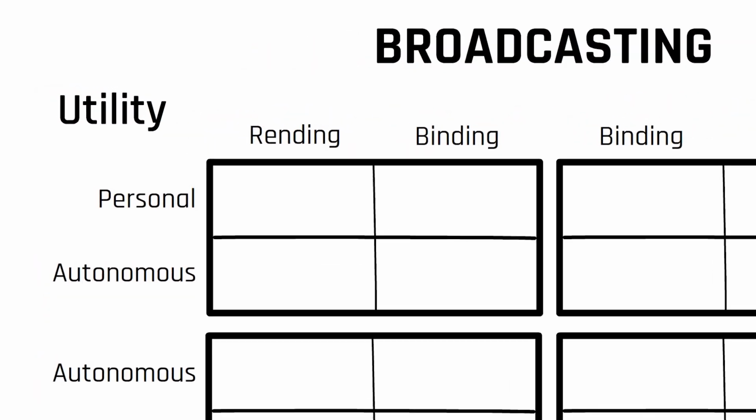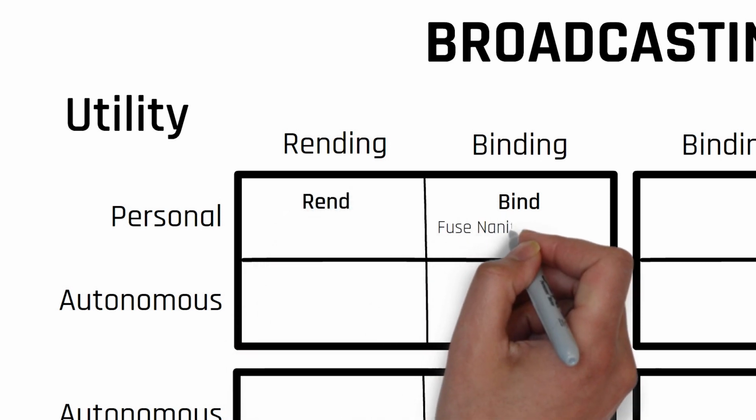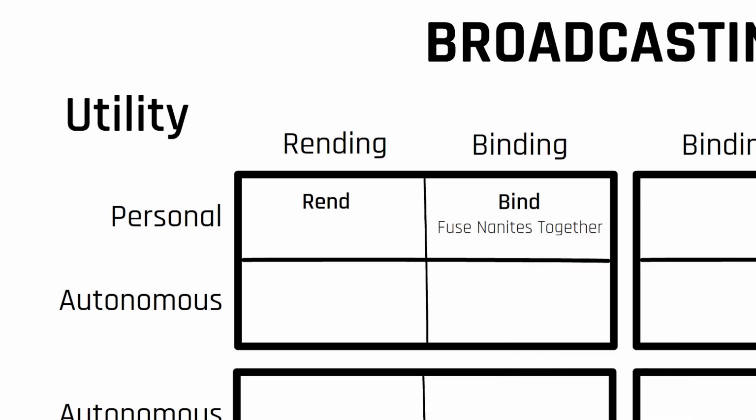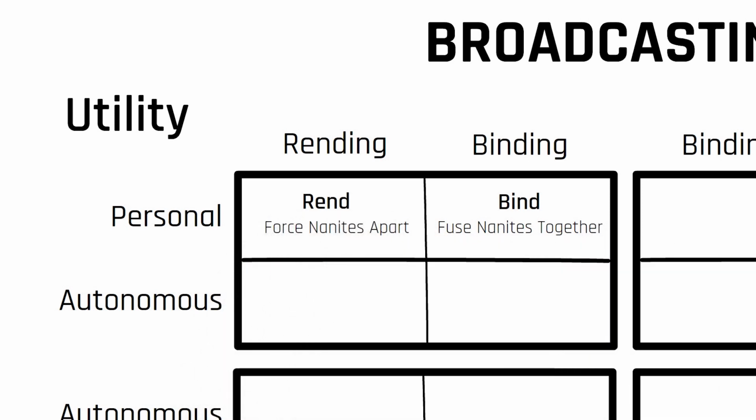So the personal utility effects are just going to be bind and rend. This is where a magic user is broadcasting a command for the nanites to fuse or separate. Now, that could cause entire structures to fall apart. They could use this to lock an automaton in place, or maybe even just sculpt the cloud into a desired object. That's kind of why it's utility.